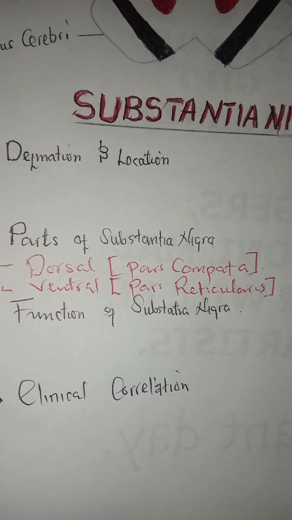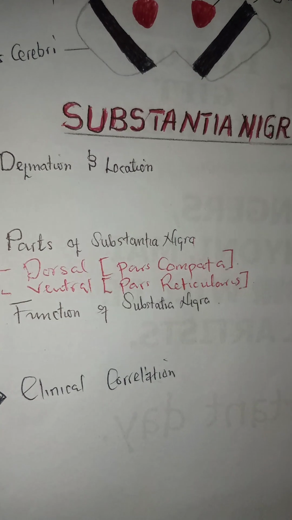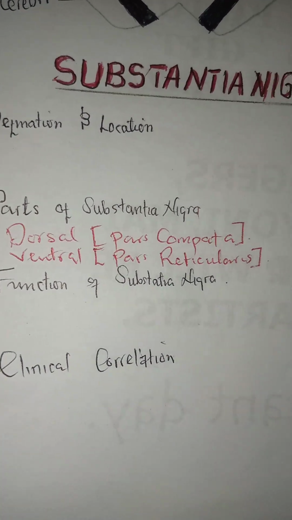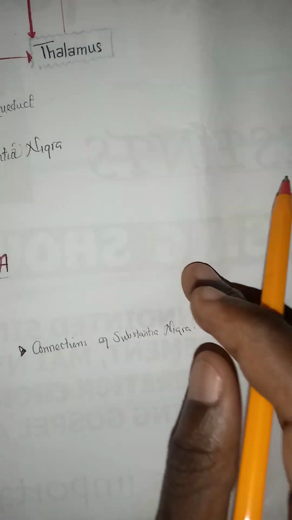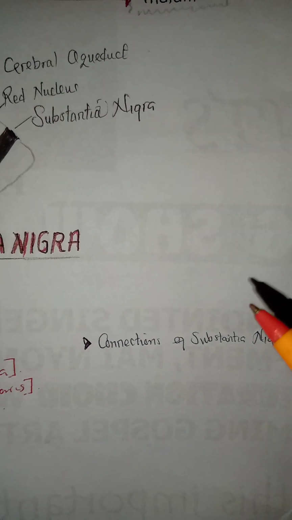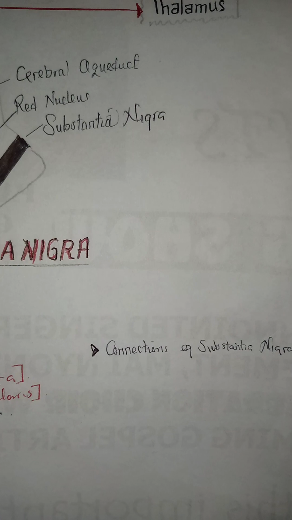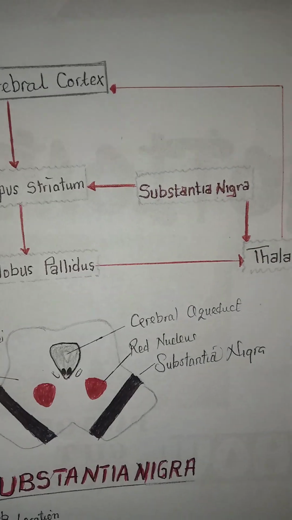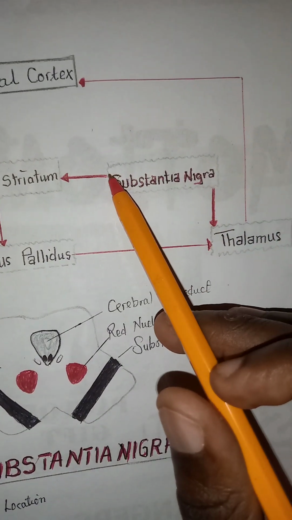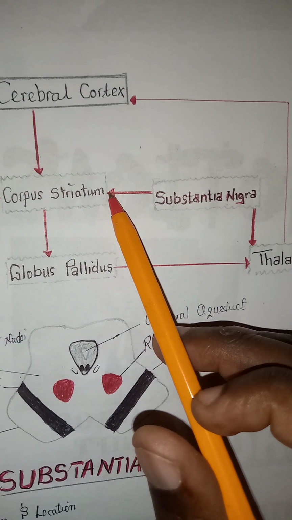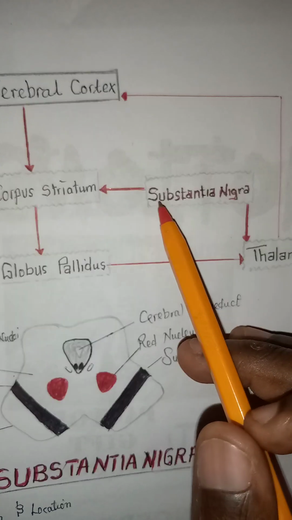Now we know the parts, so now we go to the connections. We need to know the fibers which it sends to the corpus striatum.